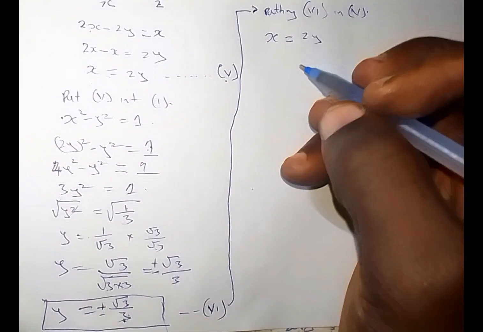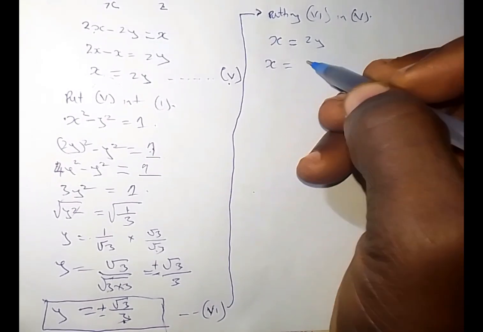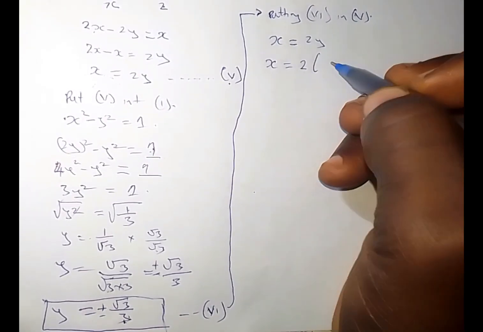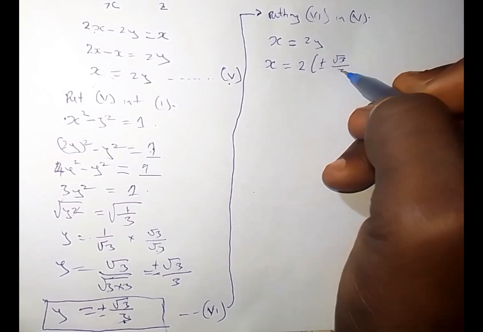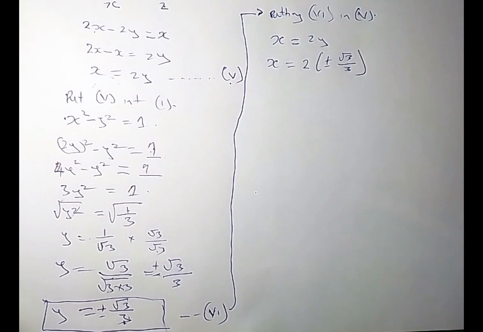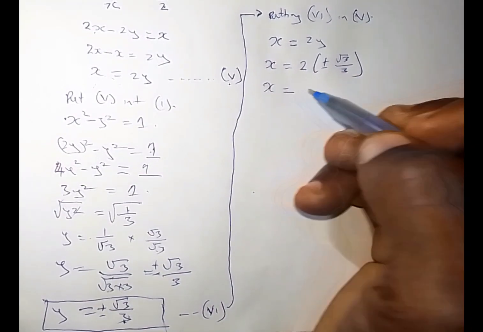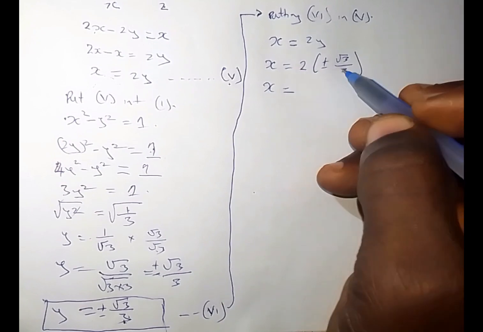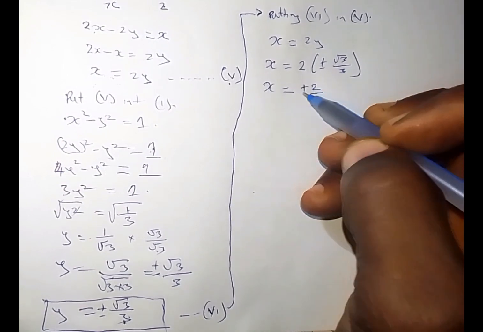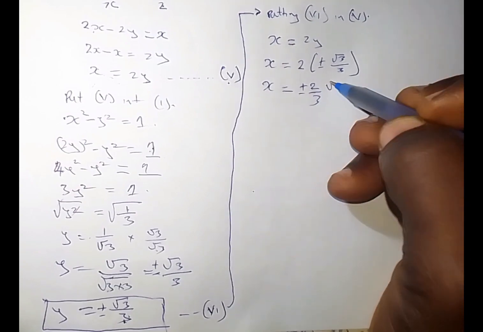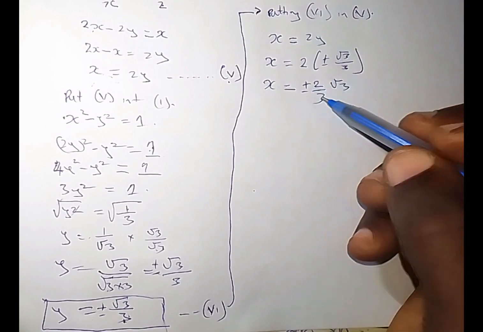So then I will just substitute my y to be equal to 2 into bracket plus or minus square root of 3 divided by 3. So this is what we have. Then let's simplify. X is equal to, pushing this in, 2 all over 3 plus or minus 2 all over 3 square root of 3. So these are also the values of x.